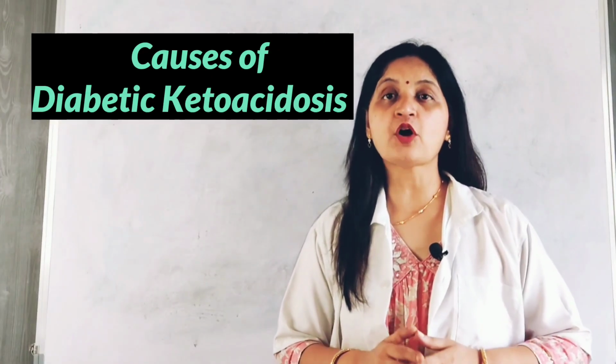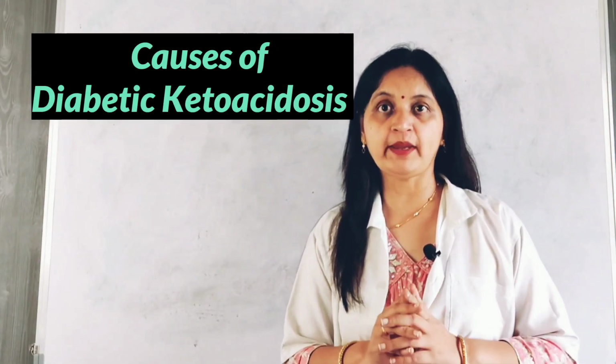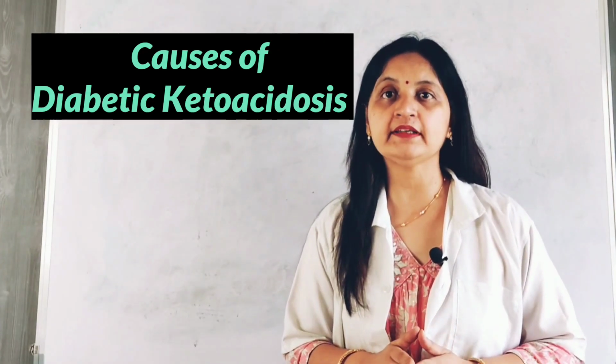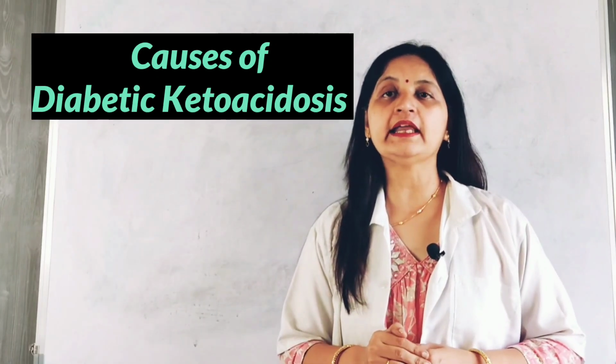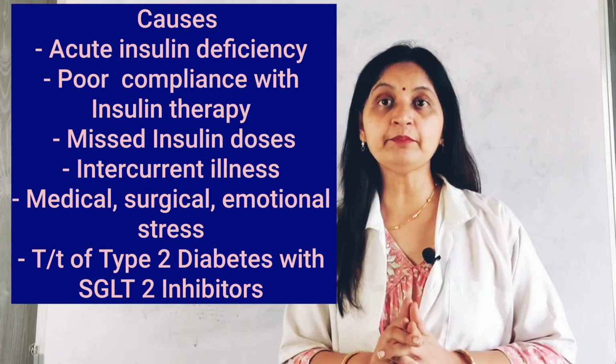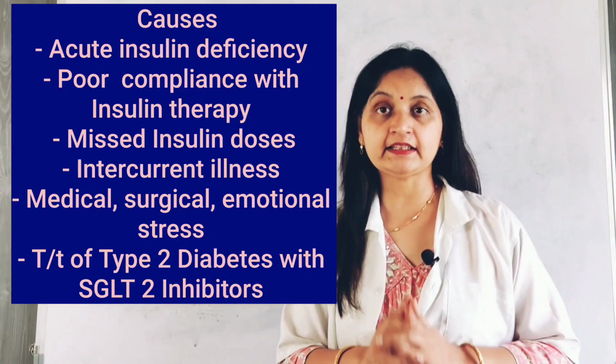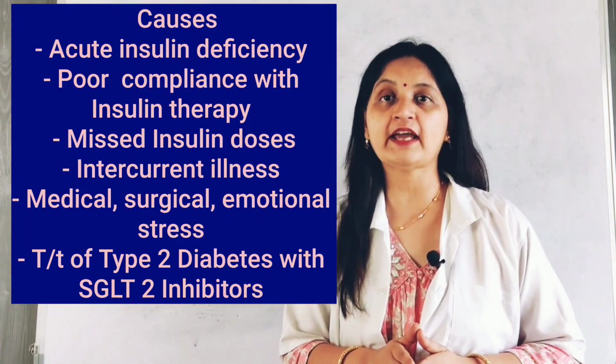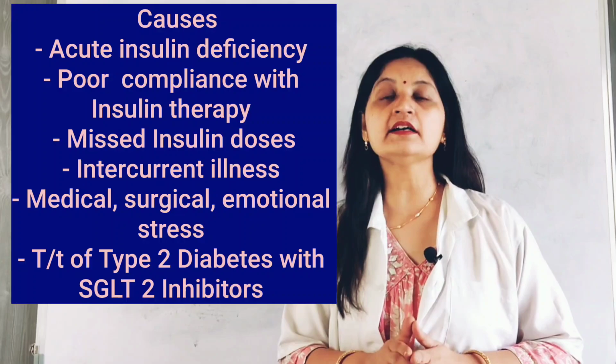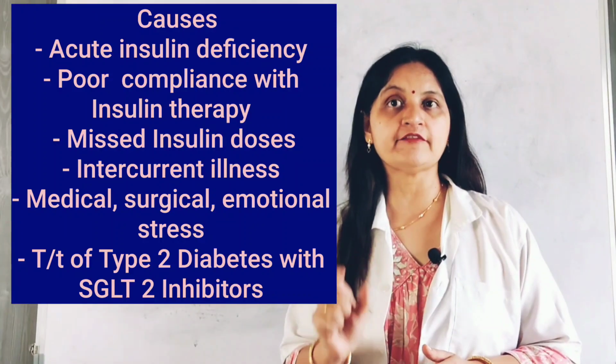Now coming to the causes of diabetic ketoacidosis, which mainly occurs in type 1 diabetes mellitus but can also occur in type 2 diabetes. In 25% of the patients, diabetic ketoacidosis is present at the time of diagnosis of type 1 diabetes, and this occurs because of acute insulin deficiency.